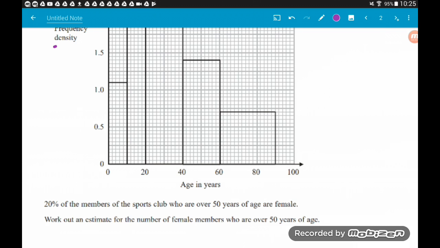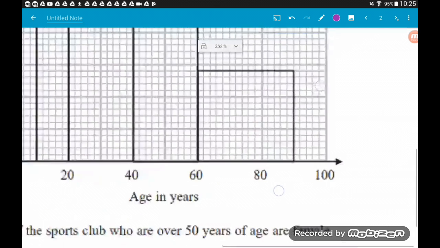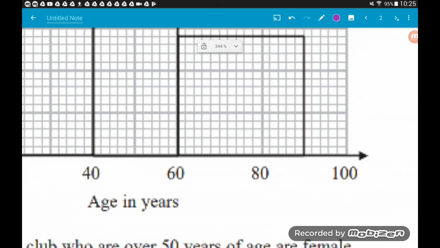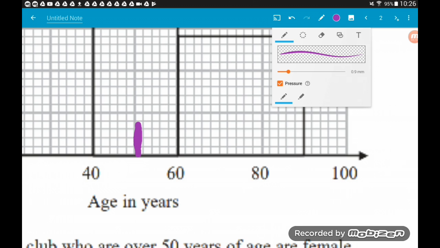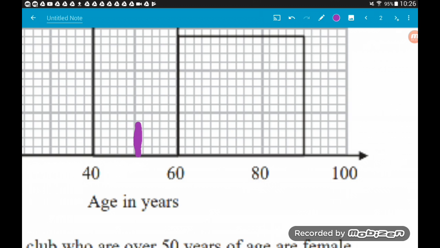How are we going to do that? Well, first of all, let's go down to the x-axis and find where 50 would be. We've got 40, we've got 60, and 50 lives halfway between 40 and 60. So what we need to do is work out the area of the bars to the right of this purple mark.